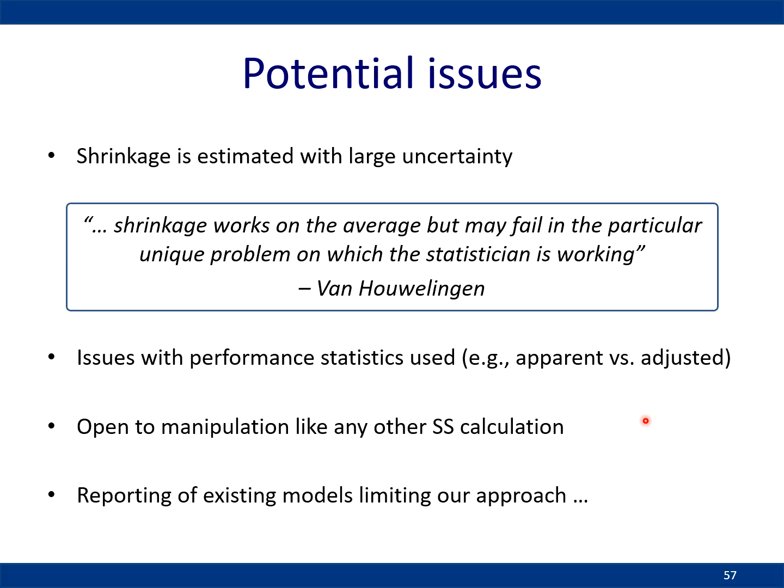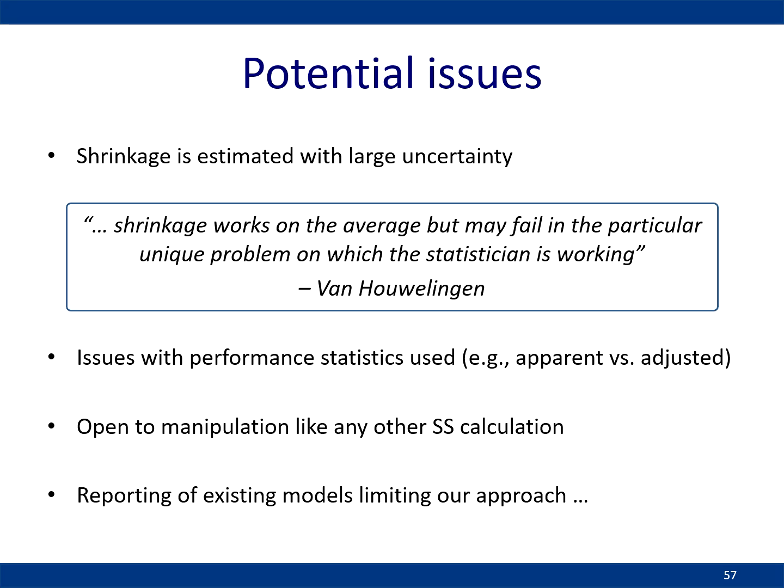And secondly, as with any sample size calculation, these things are open to manipulation. People often like to play with the inputs in any sample size calculation, in the trial setting for example, to ascertain a range of different sample sizes.